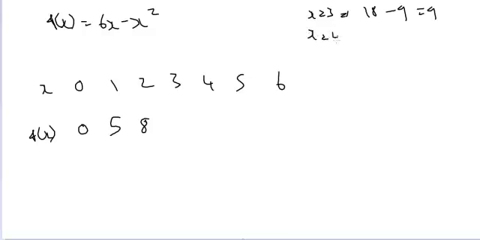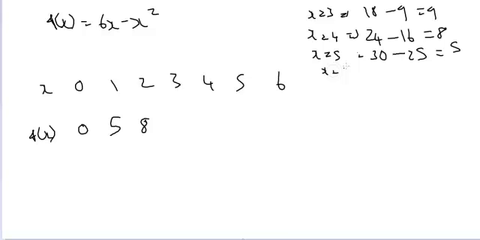When x is equal to 4, we get 4 times 6 is 24 minus x squared is 16, so that's going to equal 8. When x is equal to 5, we're going to have 6 times 5 is 30 minus 25, so that's going to equal 5.